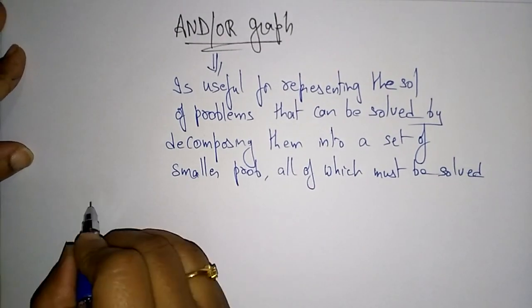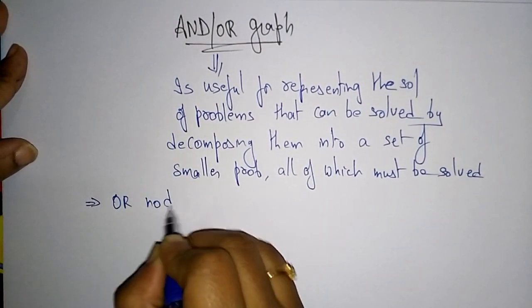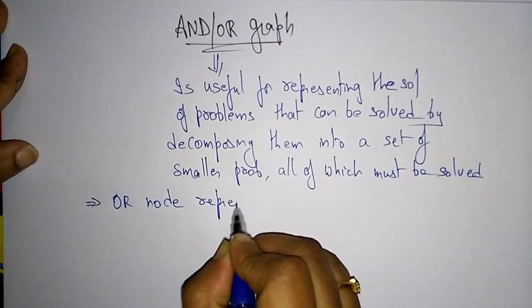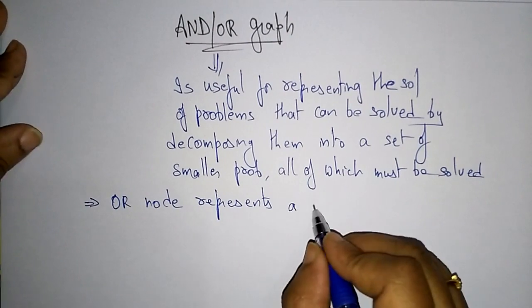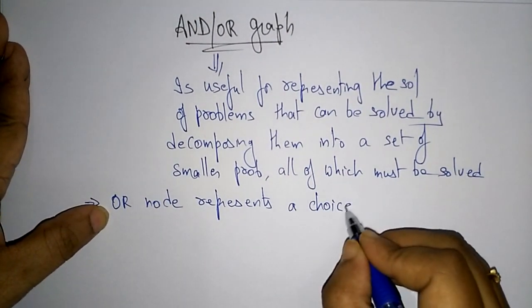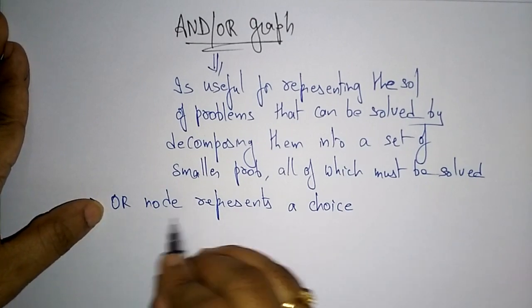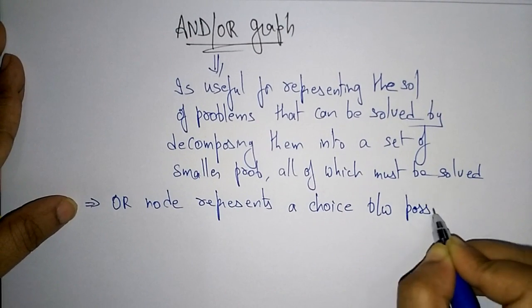Okay, so in AND or graph, an OR node represents a choice between, just as the name itself says, you are selecting either this or that. An OR node represents a choice between possible decompositions.